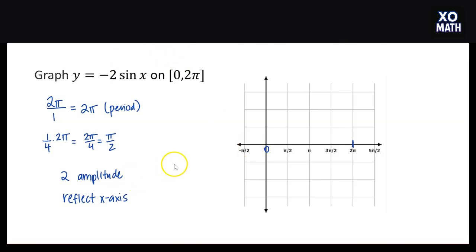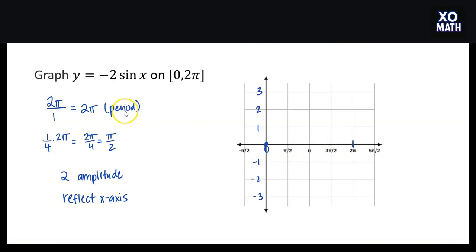All right, so now let's get going here. So we're going to label the y-axis with some values, 1, 2, 3, -1, -2, -3. And there's just some facts that we need to recall about the sine function. The sine function starts at the origin. And from there, at the first tick mark, right?